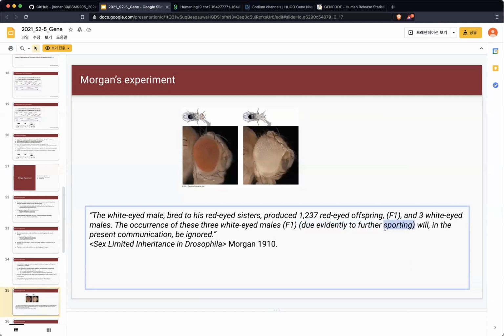Sporting is an interesting word. Sporting is a word totally opposite to gradualism. This is the situation where the organism suddenly has a certain character due to a mutation, right? So this is like when you see an X-Men movie, right?